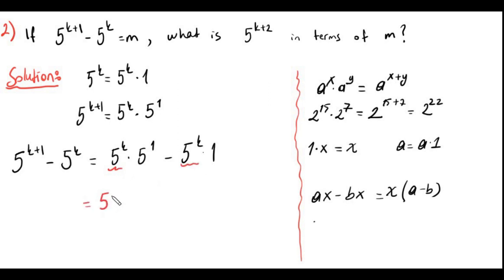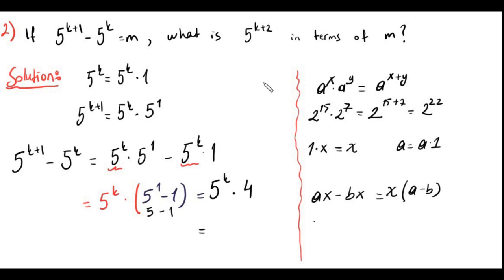I can take that out, and I'm going to be left with 5 to the power of 1 minus 1. So this is going to be equal to 5 to the power of k times, 5 to the power of 1 is 5, minus 1. So 5 minus 1 is 4. So I got 5 to the power of k times 4.